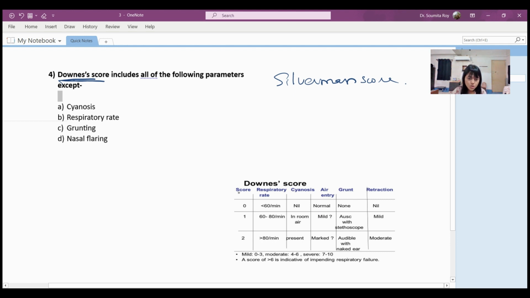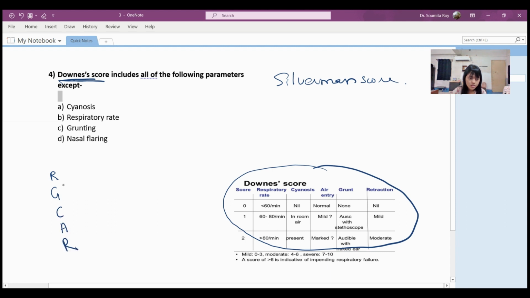So for that you need to know the parameters. Follow this table, students. All the parameters are nicely written. Again for you I have made one mnemonic which is easy to remember, that is R G CAR.